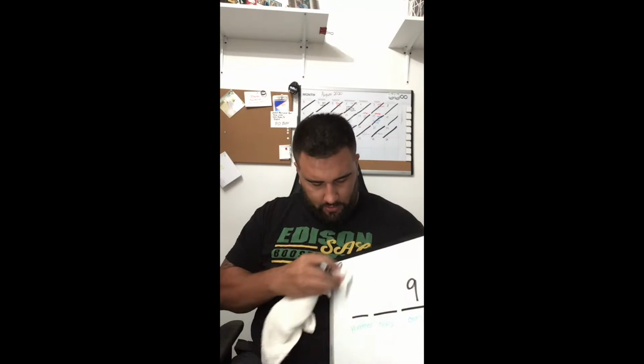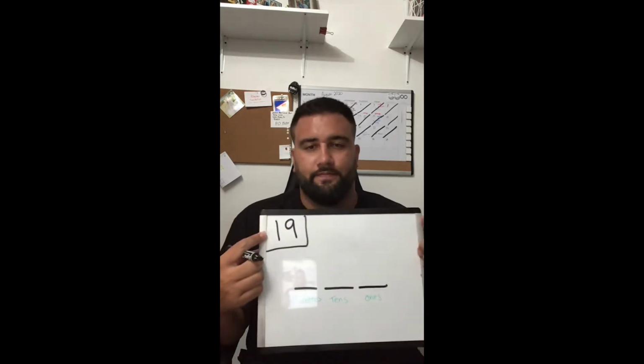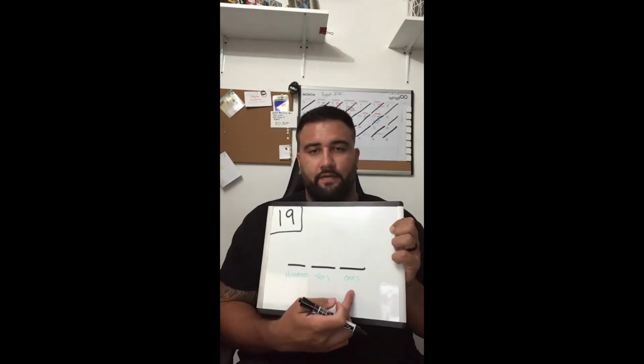So if we take the number 9, what place value is the number 9 in? Look right below. It's in the ones, right? There we go. Okay, we're going to use 19, right? So what number goes in the first one? Exactly, 9. Okay, next digit, the second digit goes here, right?